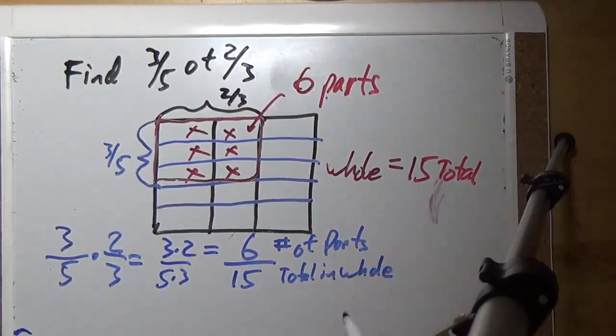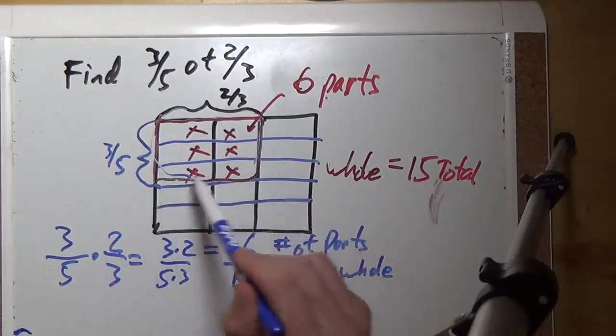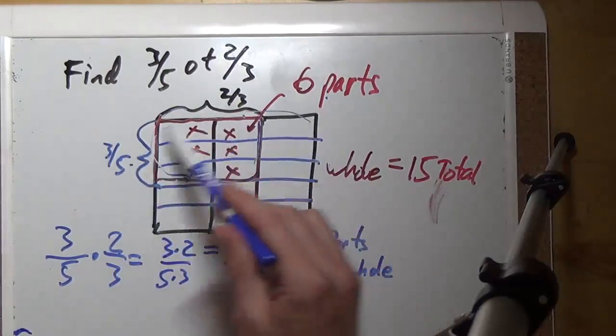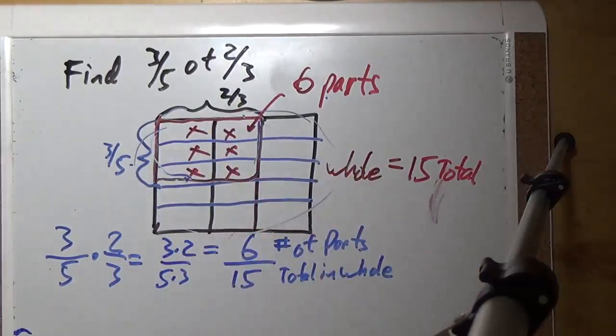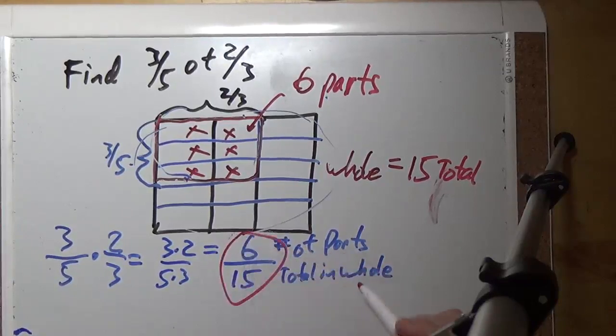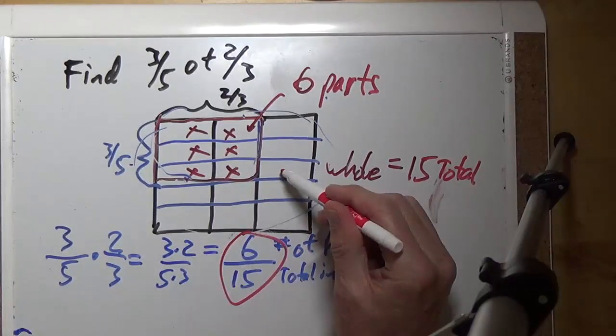And that's why you multiply straight across, because multiplying by the numerator gives me this piece, multiplying the denominator gives me the whole. So when you're explaining this to someone, you have to end up with a 6/15 because it matches the diagram.